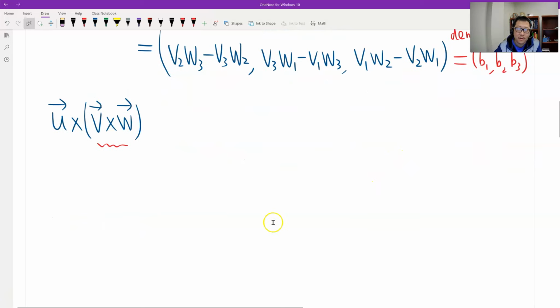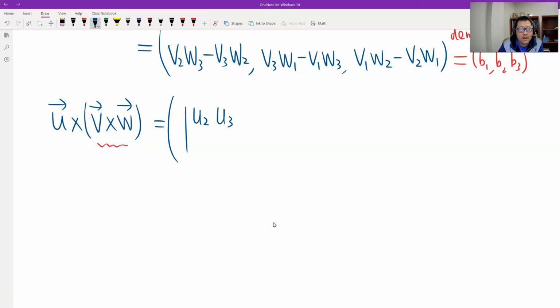So therefore, now this should be this. How to put it? The first is U2, U3, and then we use B to describe this, right?